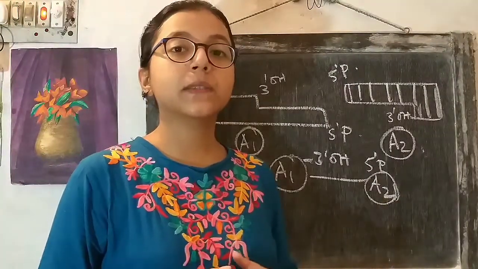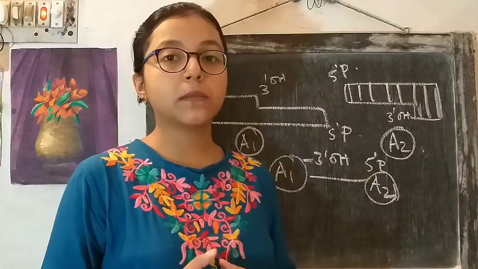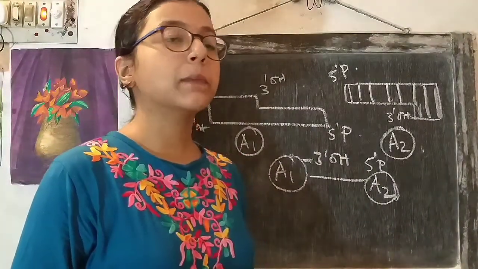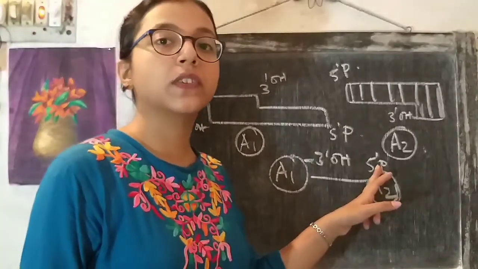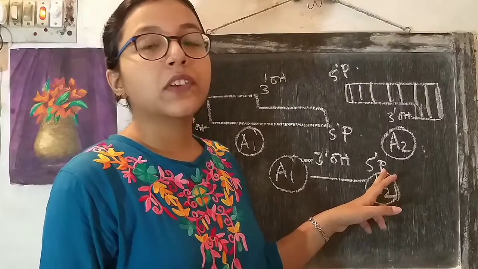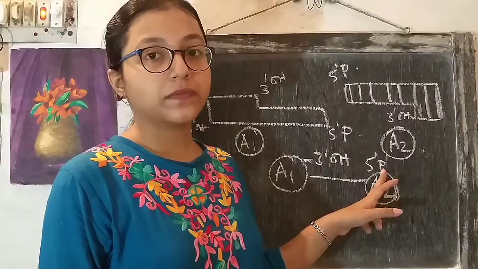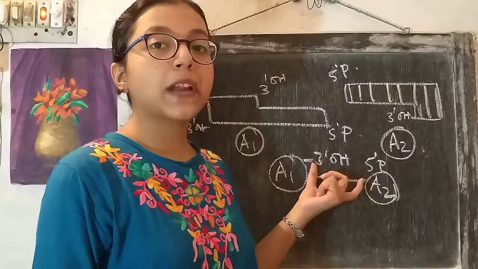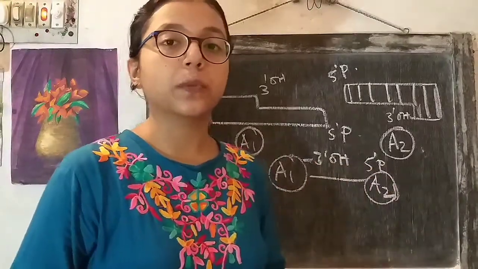So how can this be done? How can phosphodiester bond formation be blocked? Phosphodiester bond formation can be blocked by removing the 5' phosphate group. If we remove the 5' phosphate group, there will be no phosphodiester bond formation, because a phosphodiester bond cannot form between a 3' OH group and a 5' OH group.